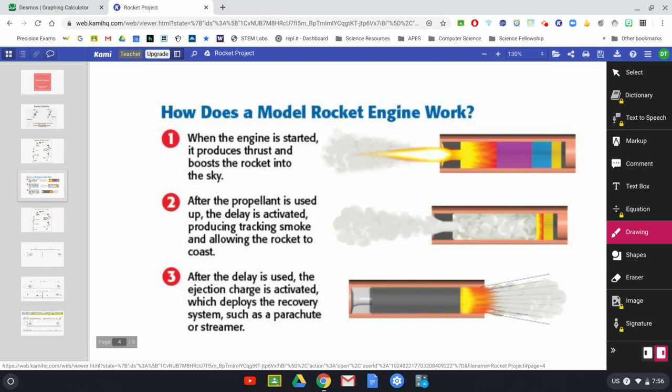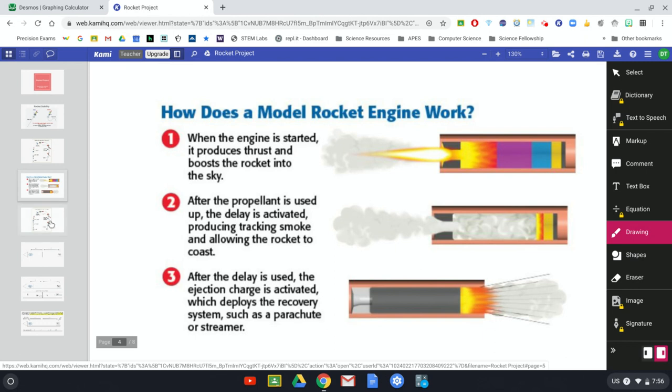That 5 means it's going to burn just like the other D12s, but once the propellant is used, there's a delay of 5 seconds, and then an ejection charge is activated. That ejection charge is going to deploy the parachute.